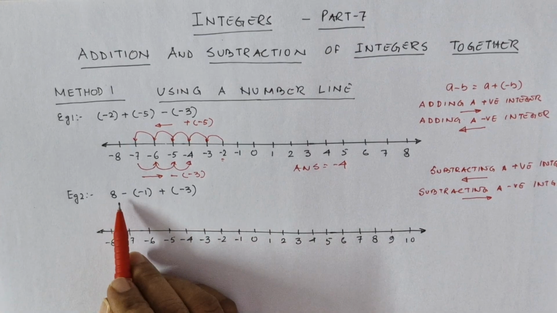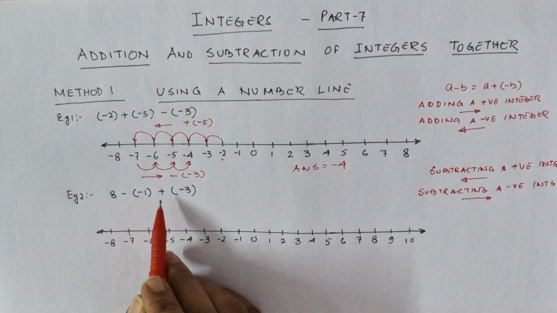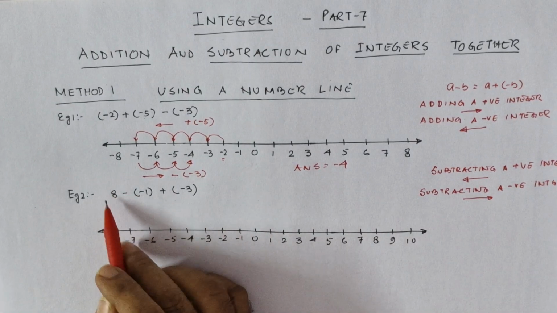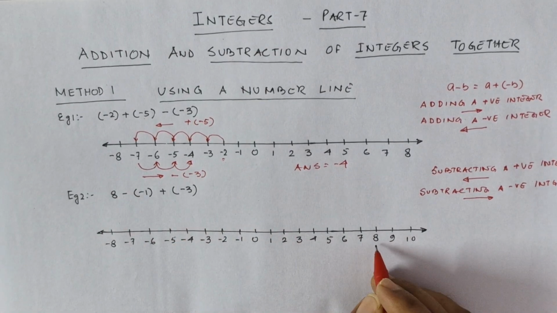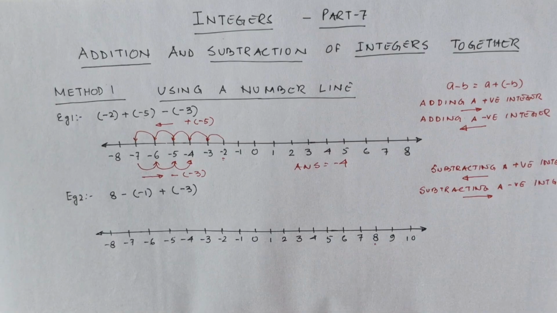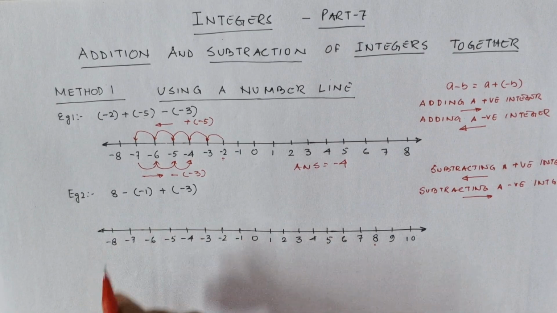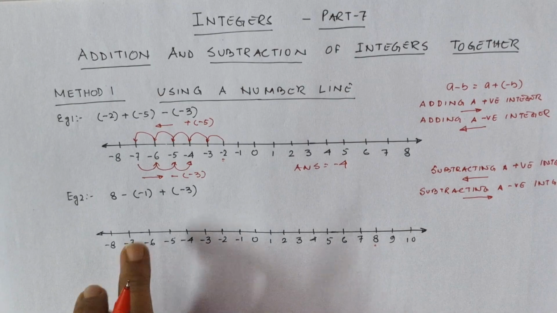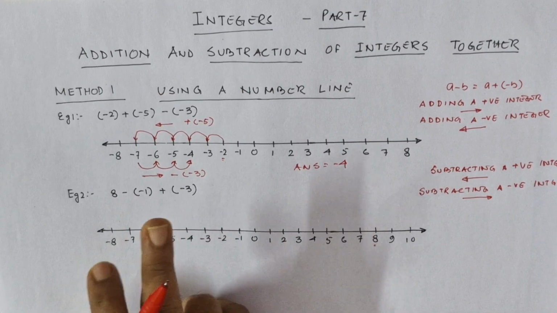Let's take another example. 8 minus of minus 1 plus of minus 3, right? So very easy. Identify 8 first. So here is 8 on a number line. We are subtracting a negative integer. Subtracting a negative integer means you have to go towards the right. How many places? 1.